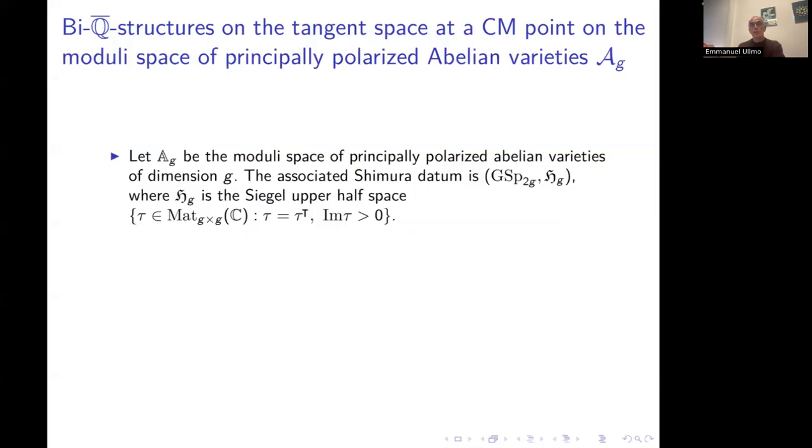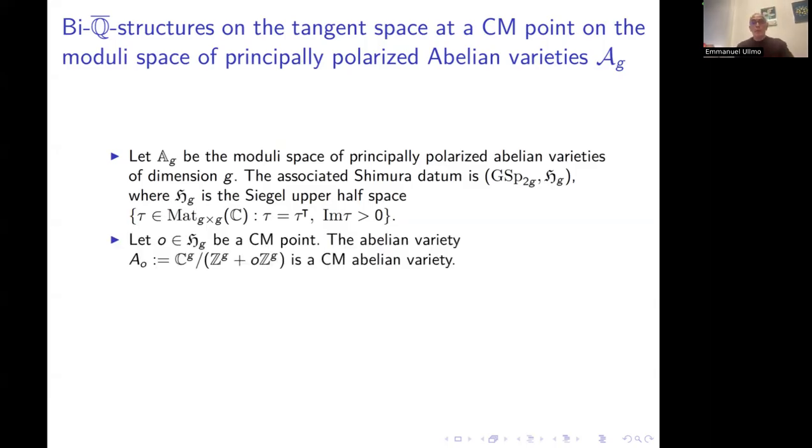And to make things very concrete, if you look at the moduli space of principally polarized abelian varieties of dimension g, in this situation your group is naturally the symplectic group, and the symmetric space is the Siegel upper half space, which is just the set of complex matrices which are symmetric and with imaginary part strictly positive.